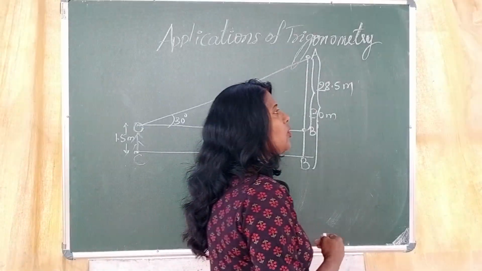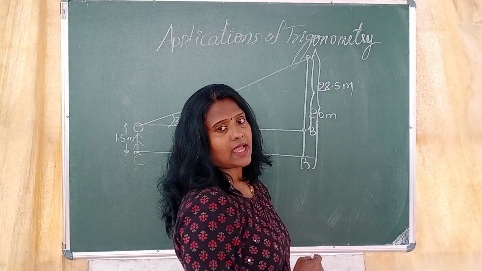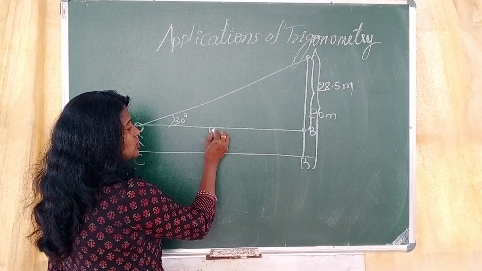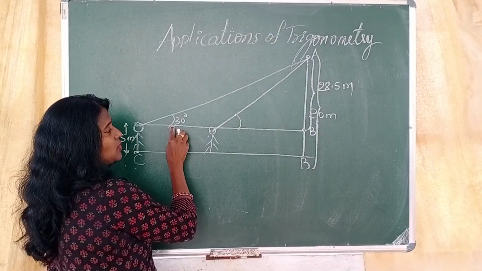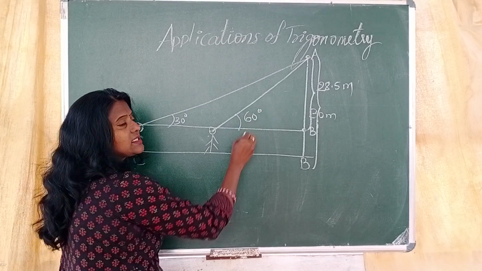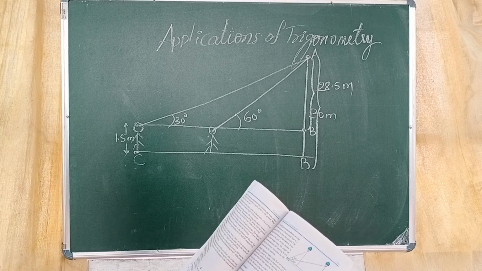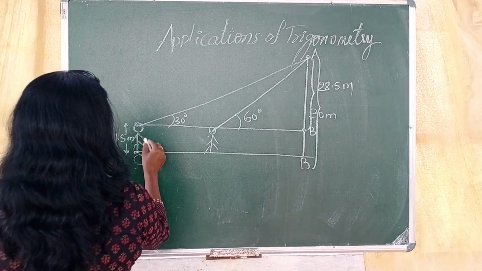But when you go in front of the building, we have to raise the head. That means the angle of elevation increases. So here also the angle of elevation of the top of the building increases from 30 degree to 60 degree. Now the question is, find the distance he walked towards the building.